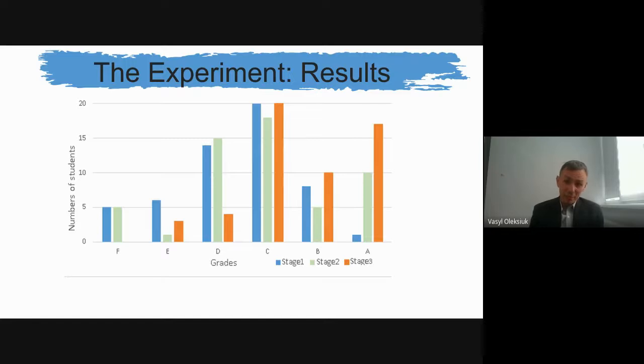You can see them on the chart on this slide. Regarding the first and second stage, the reason for this result is the novelty of the training material. This is because most students have not previously worked with Linux and its command line interface.